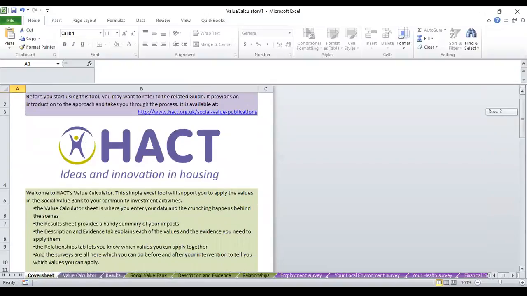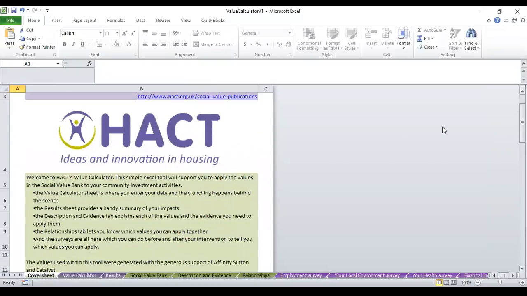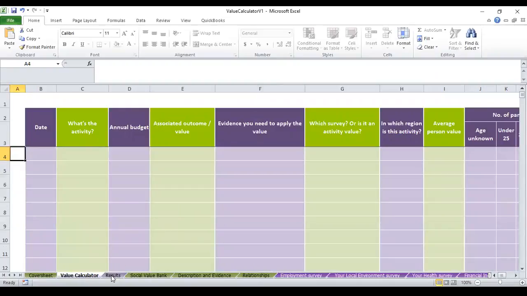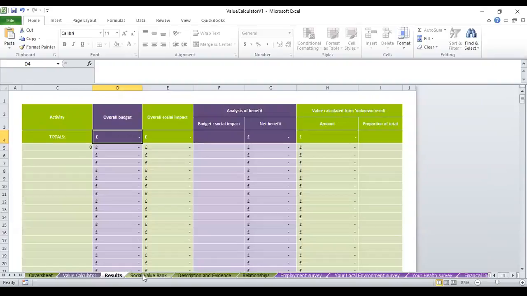This one is quite useful if you're working with people that are living in housing associations or within a neighbourhood where you want to look at the impact on that particular neighbourhood, because bearing in mind that they did it from the perspective of their housing association, and they want to look at the added social value and impact that they have as a housing association. So in terms of their spreadsheet, you've got tabs that you can use to put your information in.